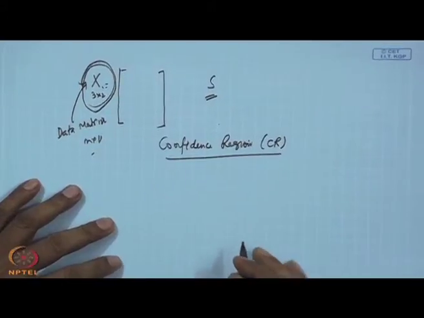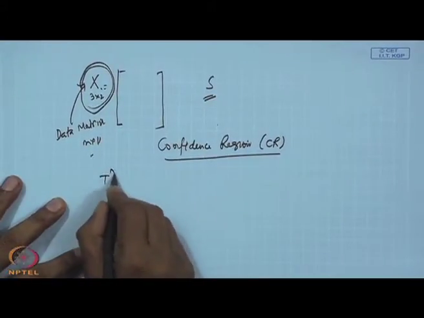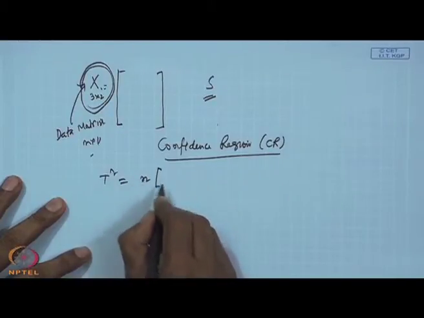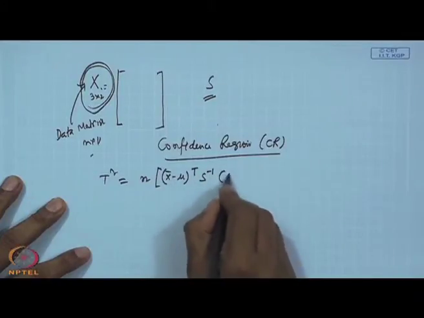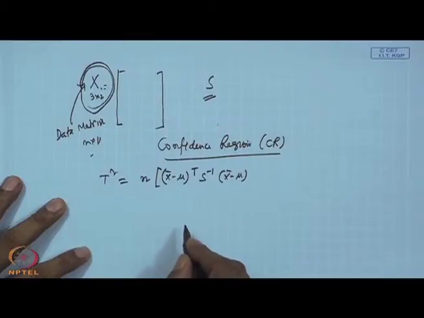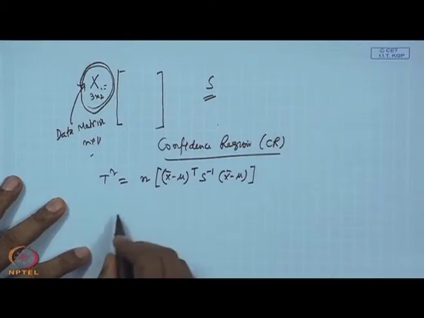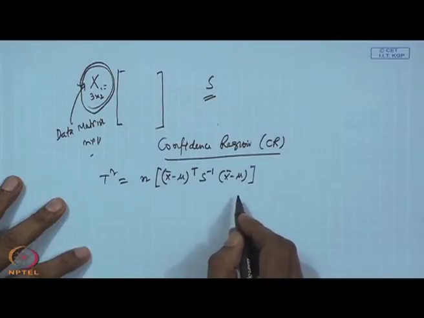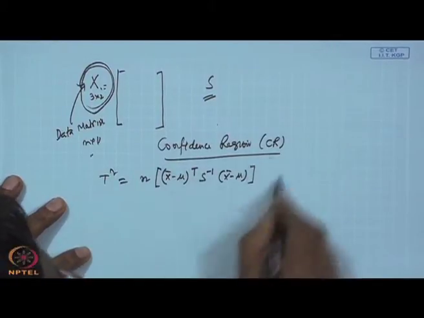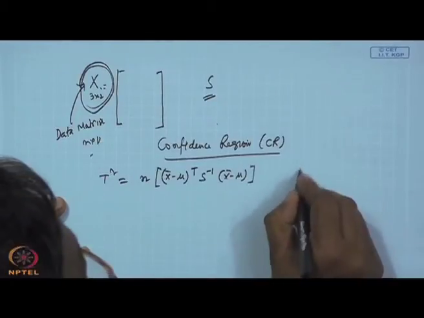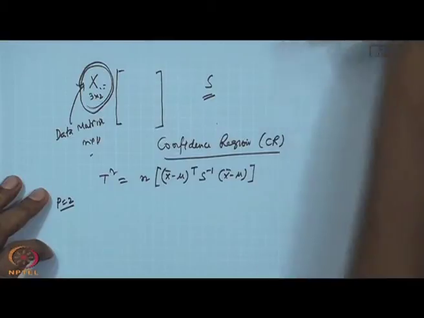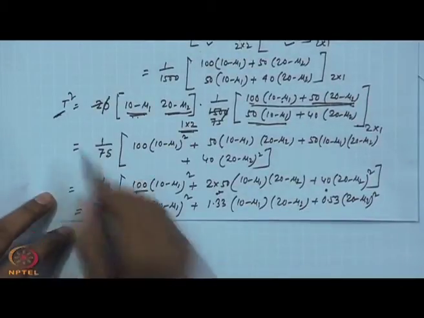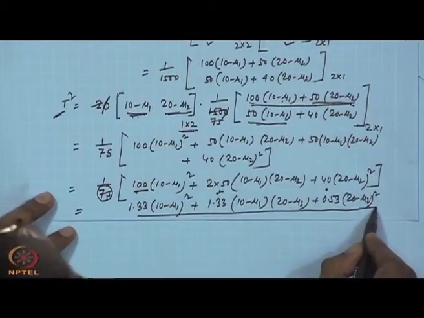Okay. That means what we are trying to say is, if we follow this, T square equals n (x bar minus mu) transpose S inverse (x bar minus mu), n into this, then this is an equation of an ellipse when p equals 2. You have seen earlier when you derived this, that this equation of T square is an equation of an ellipse.